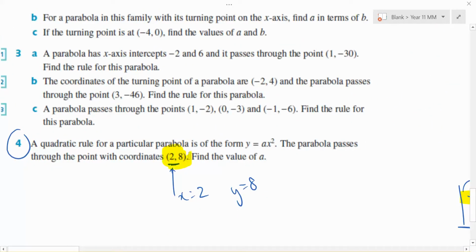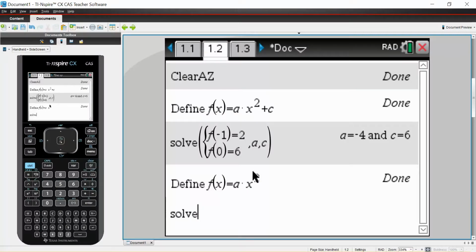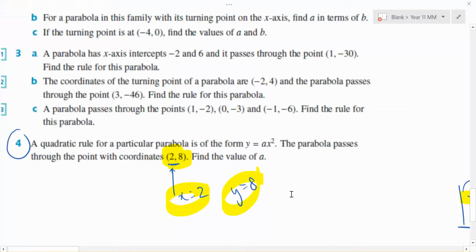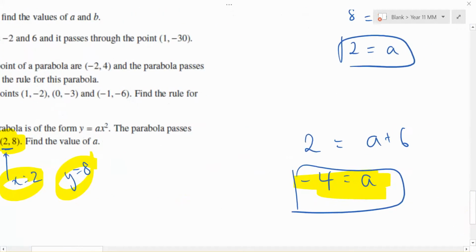The 1 coordinate was when x equals 2, y equals 8. So that's what I'm going to do. I'm going to say solve for, bracket, f of 2 equals 8, my y value, comma a, because I'm trying to solve for a. 2 steps. a equals 2, and that's what I had when I was solving it before as well.